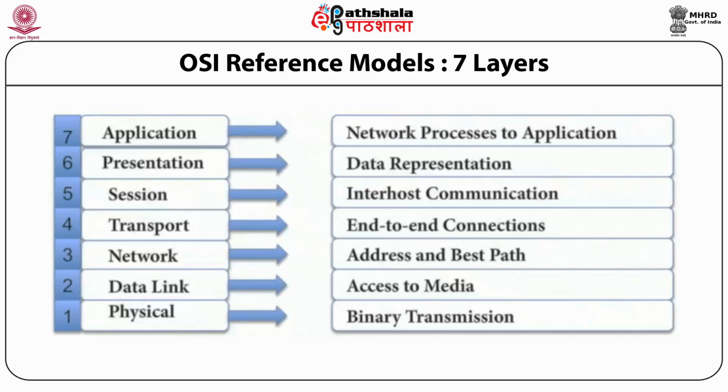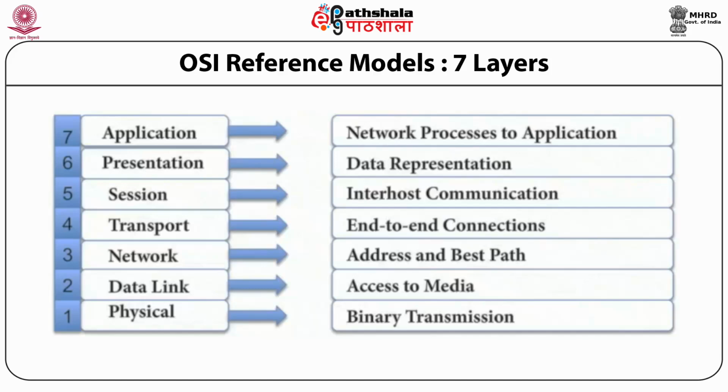The first layer, the bottom layer, is the physical layer, and the topmost layer is the application layer, which deals with the application directly. In between, each layer does its own job. The layers are independent in executing their tasks and pass on to the next layer. This is why they are called layers.